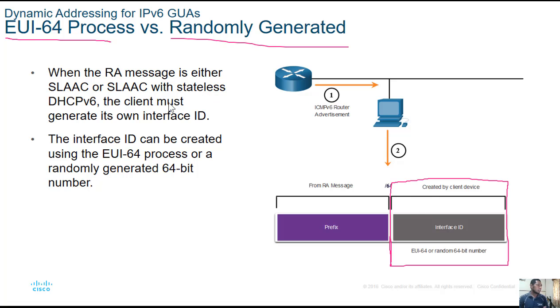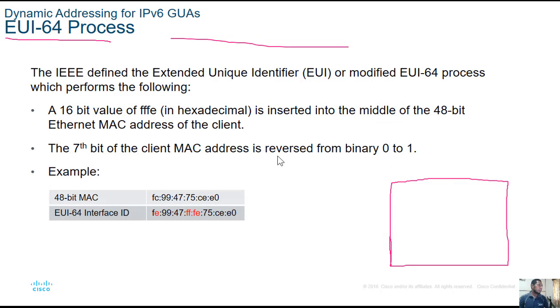How does it do that? It generates its own interface ID through the EUI-64 process. It takes that 16-bit value of FFFE and places it in the middle of the 48-bit MAC address.